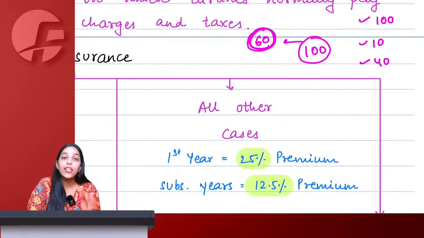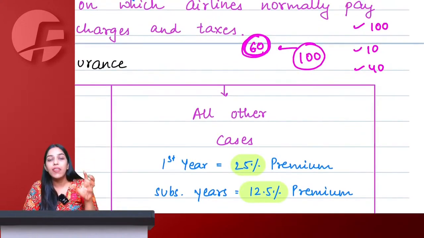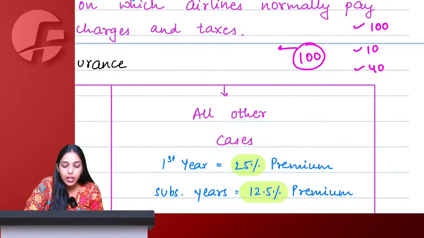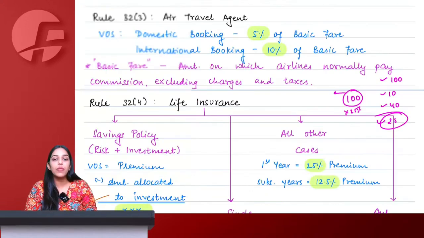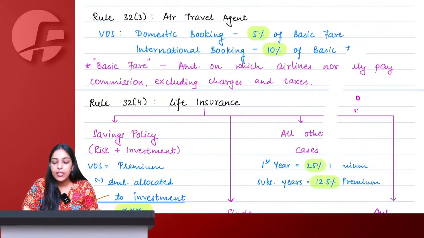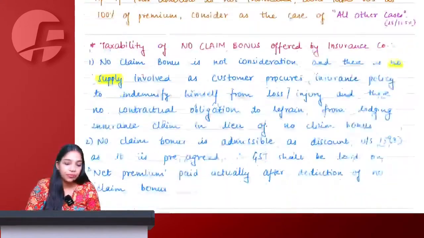But if it is actually allocated but not intimated, while collecting the premium I did not intimate it to my policy holder, then for first year it will be 25%. So 100 into 25%, then 25 becomes my value of supply, which comes with all other residuary cases. Say yes everyone. Yes ma'am.